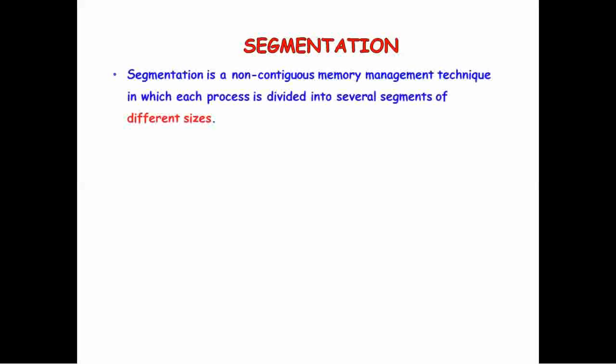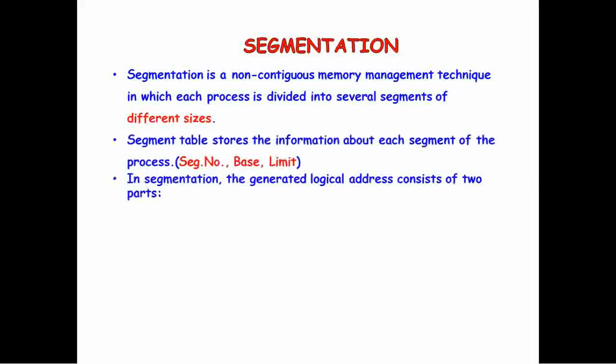Now let us see segmentation. Segmentation is a non-contiguous memory management technique in which each process is divided into several segments of different sizes. The segment table stores information about each segment of the process. The table contains segment number, its base address and limit.